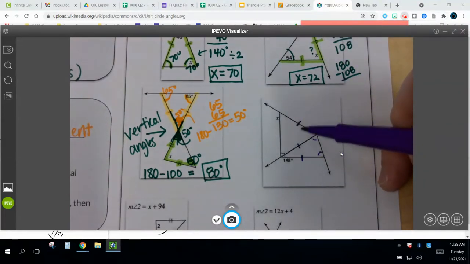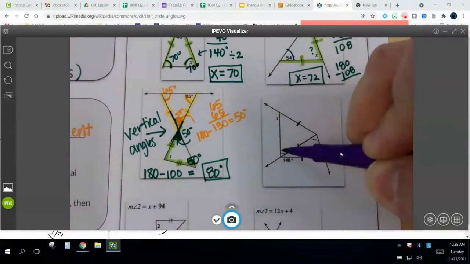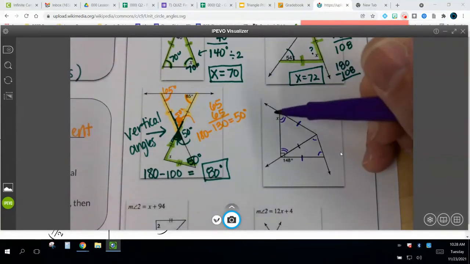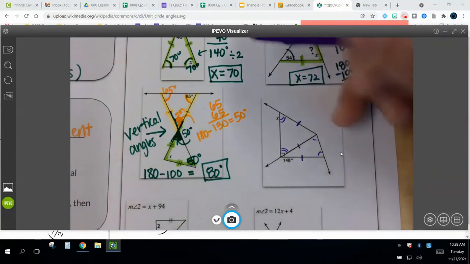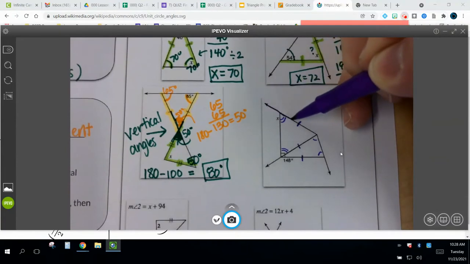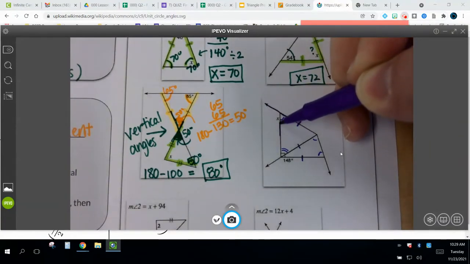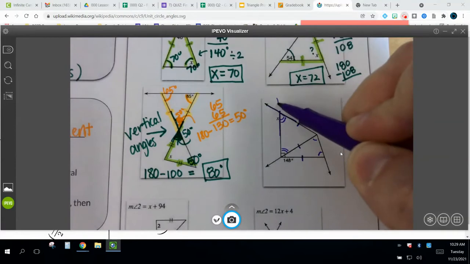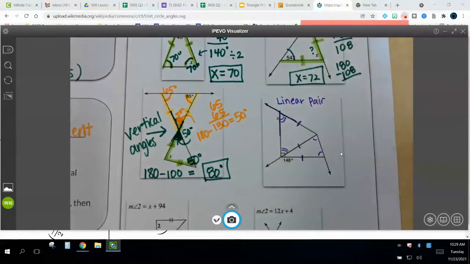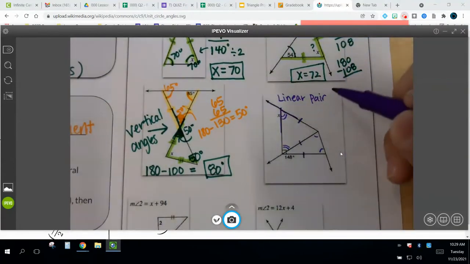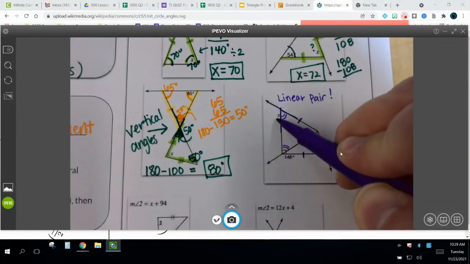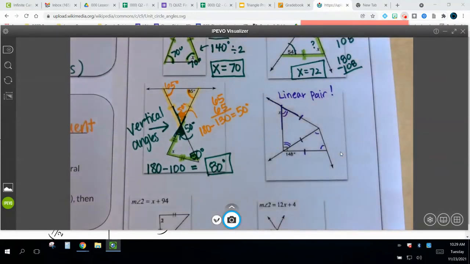Another set of congruent sides means that this angle and this angle are going to be congruent to each other, and x is way over here. If we take a look at this angle and the x, what we're trying to find, these two angles form a linear pair. Another good old friend from the past. Angles that form a linear pair add up to 180 degrees.